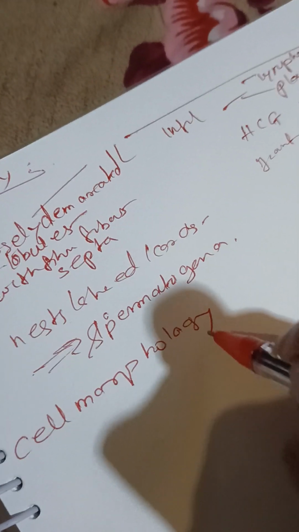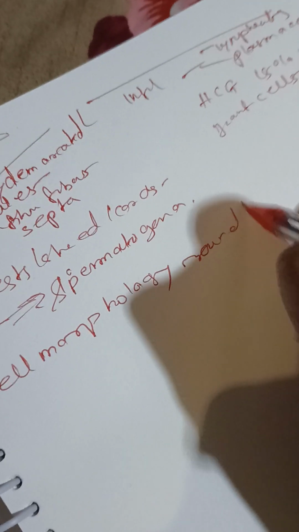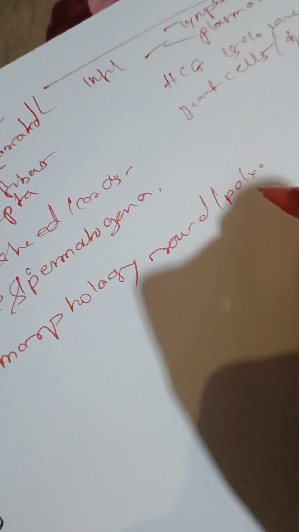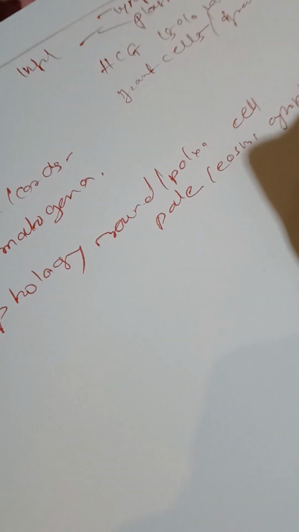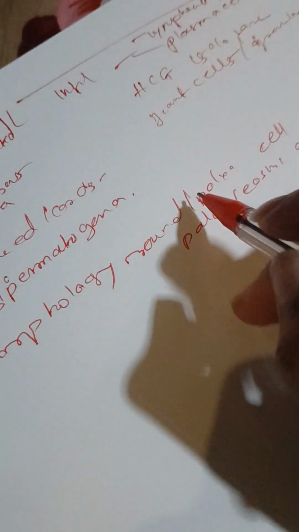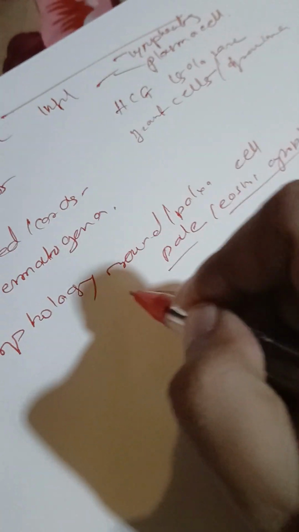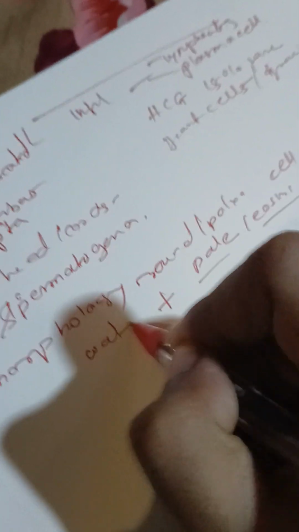Cells are round or polyhedral, with pale eosinophilic cytoplasm and a distinct cell membrane. The cytoplasm is pale eosinophilic and watery because it contains glycogen and lipid.